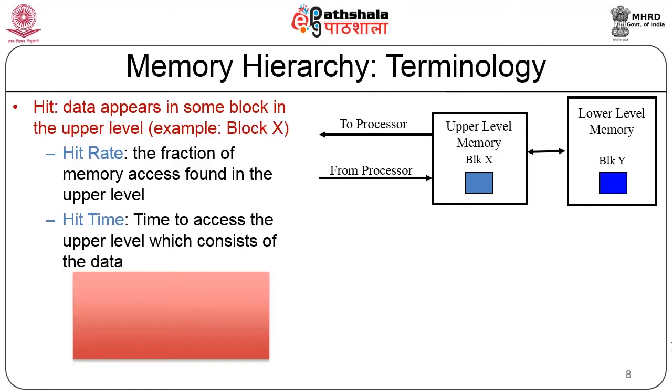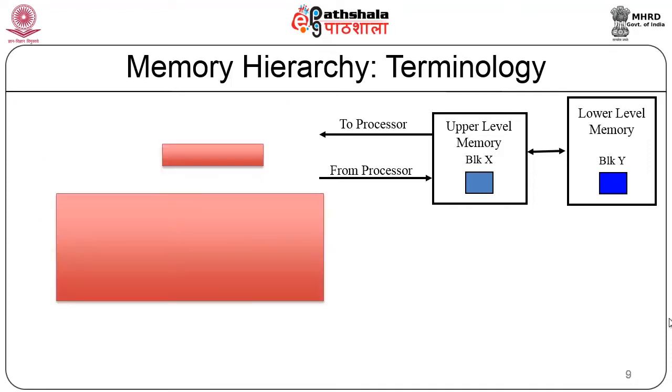Hit rate is the fraction of memory accesses found in the upper level. Hit time is the time to access the upper level, which involves the RAM access time plus the time to determine whether it is a hit or a miss. First you have to find out whether it is a hit or a miss and then access the data from there.